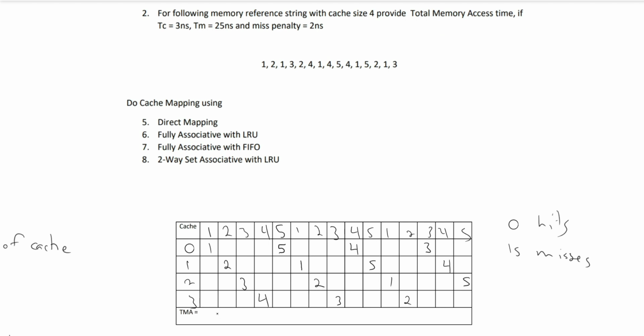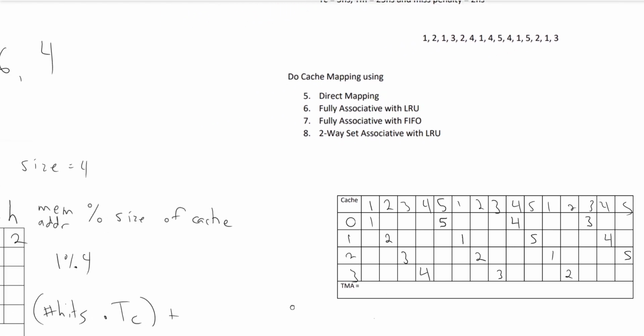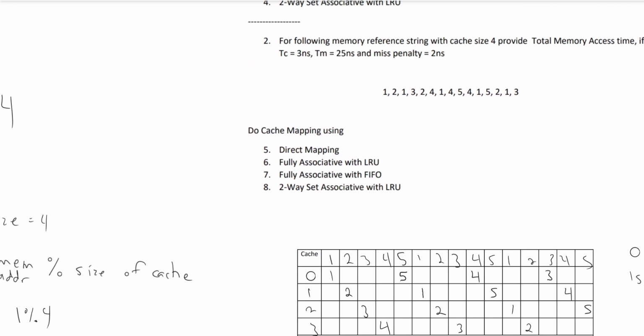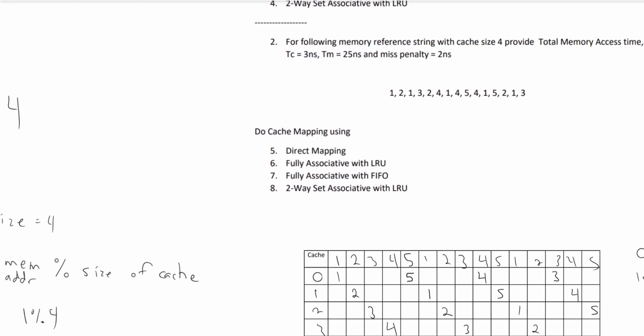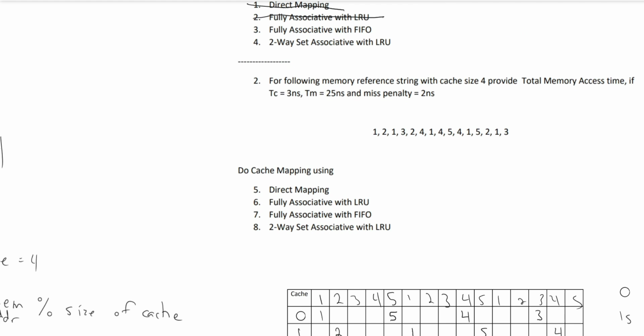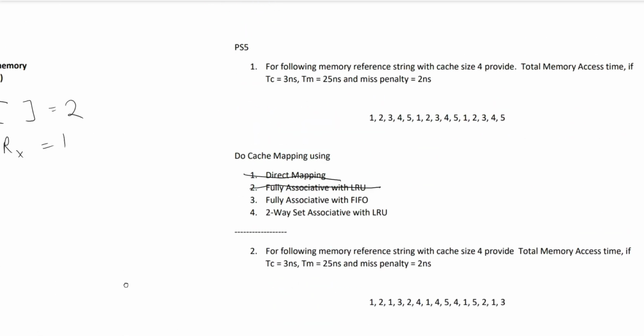Okay, so what's the formula? Number of hits, 0 times TC, which is 3. So 0 times 3 plus 15 times, what's the penalty?